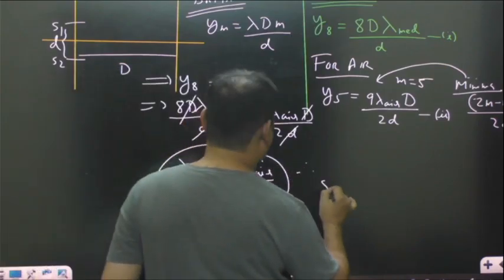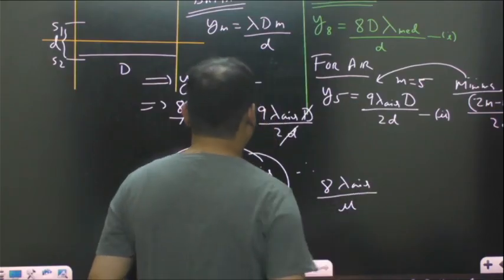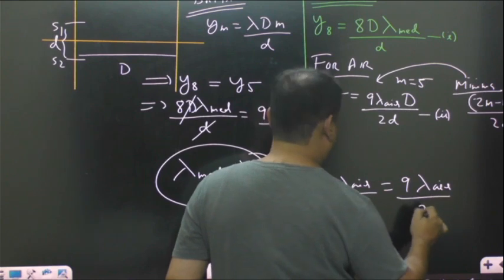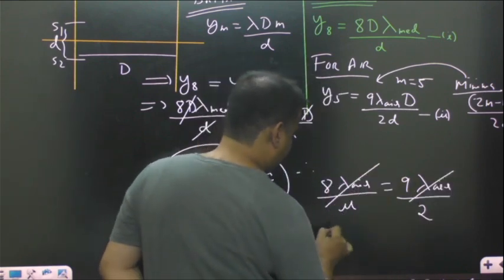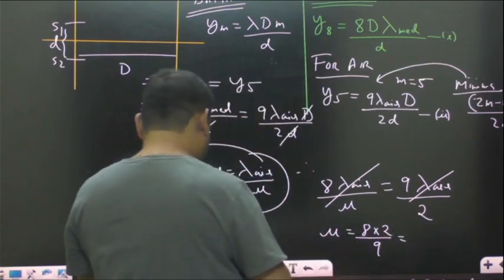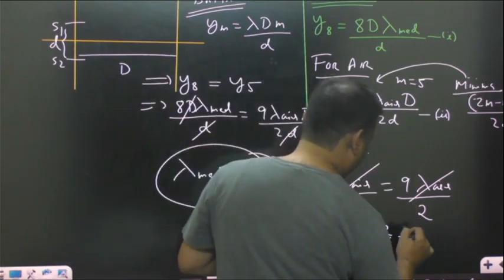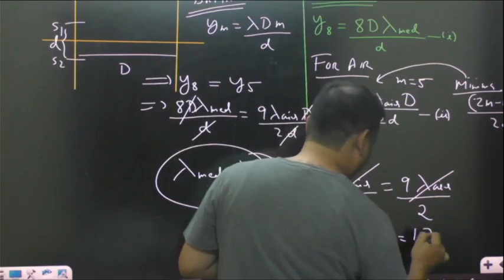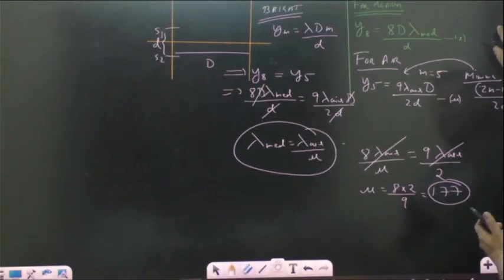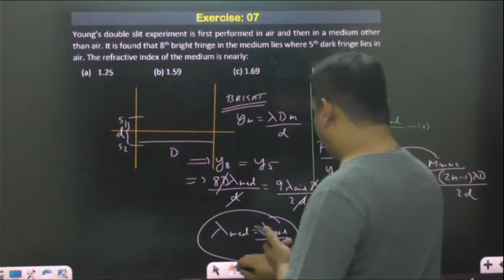So therefore 8 lambda of air divided by mu is equal to 9 lambda of air divided by 2. Lambda of air will get cancelled away and mu will come to be 8 into 2 divided by 9, that is 16 divided by 9. So we'll get 1.77. This will be your answer, which approximately, rounded off, will be 1.78.